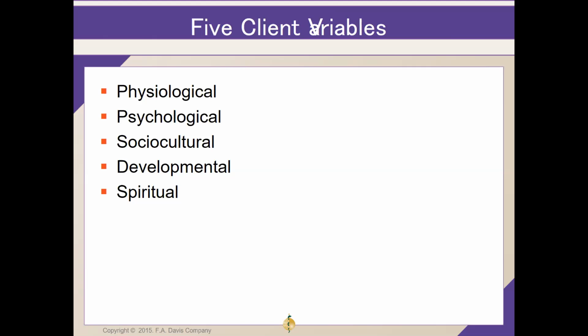There's developmental aspects. A person may have a lot of demands on their time that prevents them from making a healthy choice. And then there's a spiritual component to each individual, and that's how they relate to a higher being or something larger than themselves.